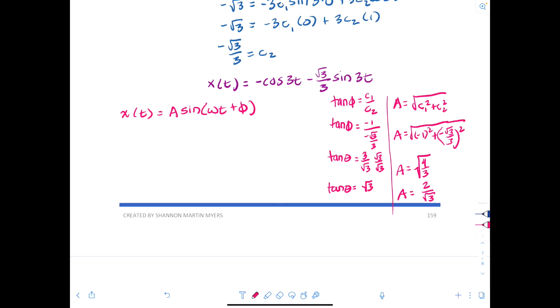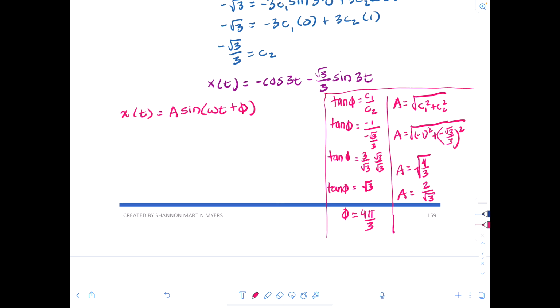And that happens at a reference angle of, beautiful, pi over 3. We're in the third quadrant, so it's got to be 4 pi over 3. And I'm sorry, I put theta in here when it should have been phi. So phi is 4 pi over 3. Cool, cool?